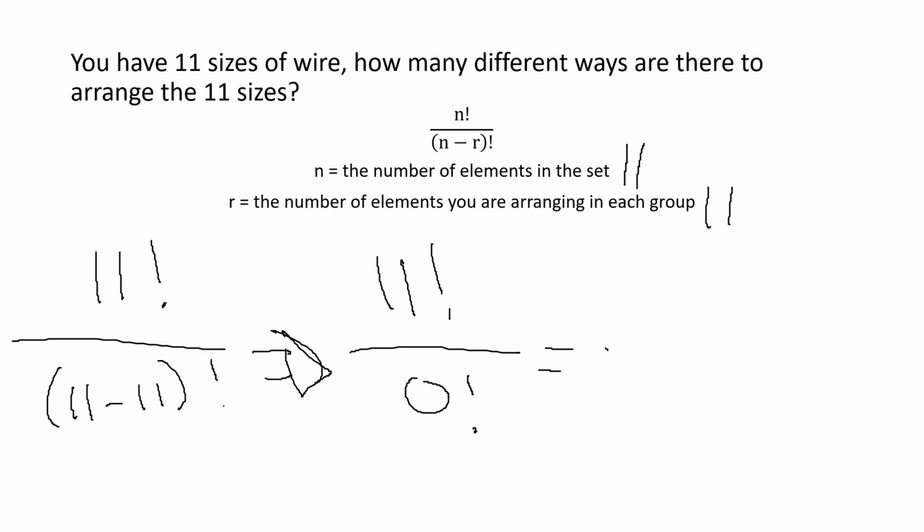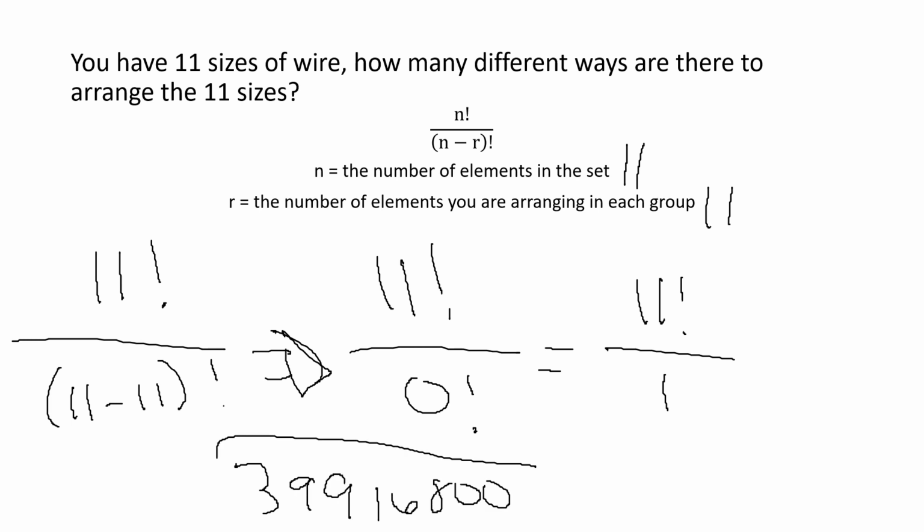And remember, 0 factorial is equal to 1. So really what I have is 11 factorial, 11, 10, 9, 8, 7, 6, 5, 4, 3, 2, 1, which gives me a big number: 399168800. That is how many different ways you can use those 11 wires.